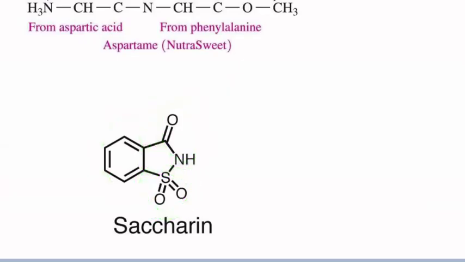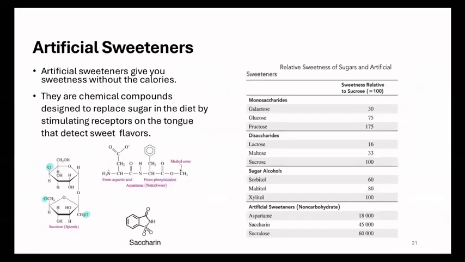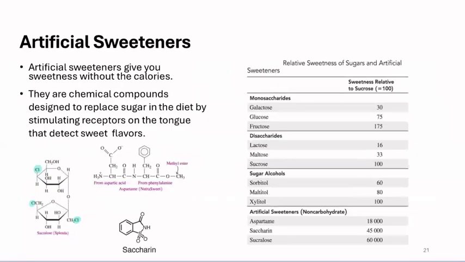That last functional group we did not study as part of our curriculum. Nevertheless, when we look at the sweetness level of saccharin compared to table sugar, in other words, sucrose, we can see that saccharin is at a level of 45,000.